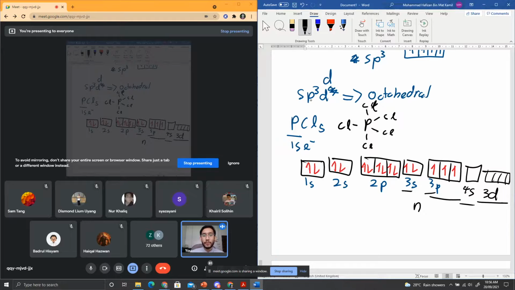So that's why phosphorus has access to 3d but not to 4s, because the electrons are only available up to n equal to 3. If we have more electrons, more energy, then we can access 4s. Even though 3d is higher energy, these electrons are able to access it because the principal quantum number is the same. So, it takes the 3d orbitals.